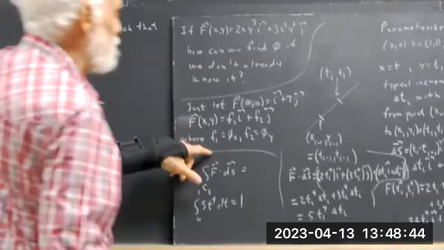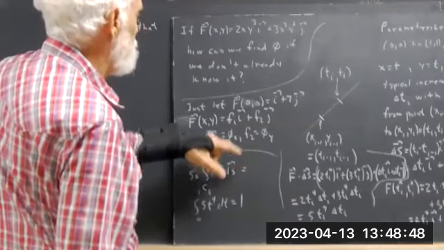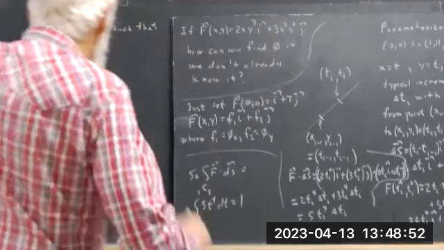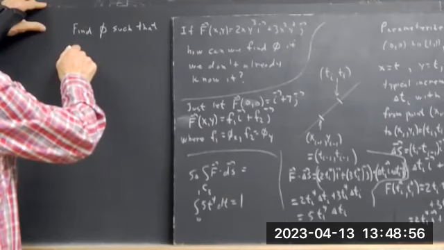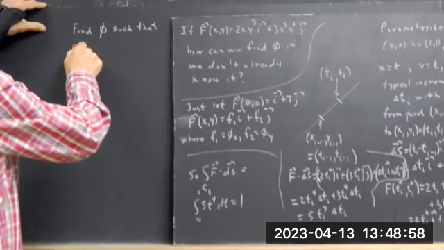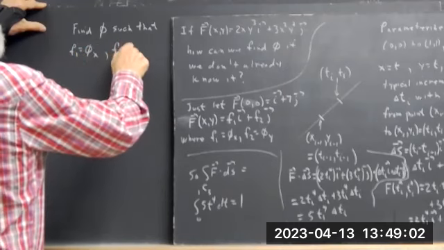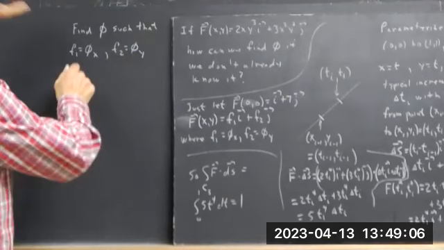Of course, what is F1? F is F1 i plus F2 j. F1 is this, F2 is this, right?